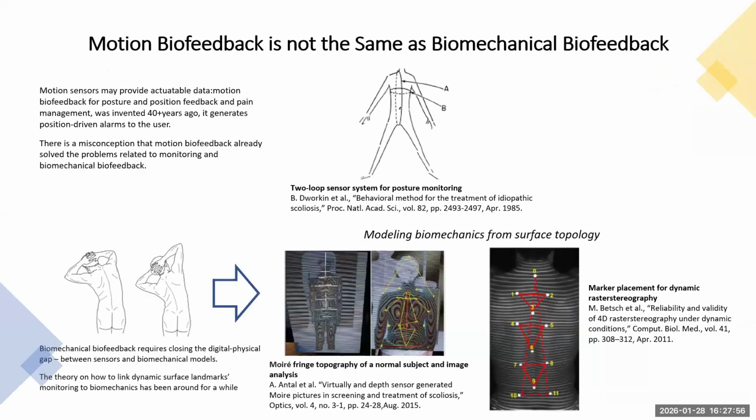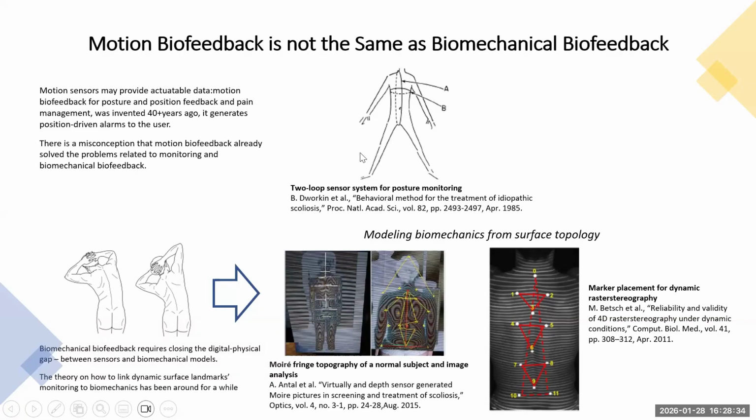So that idea of biomechanical biofeedback with sensors is not a new one. 40 years ago, somebody implemented this thing with 2 elastic loops to monitor posture. The loop around the chest compensates for breathing motion, and then the loop in the vertical direction stretches enough that if your posture is straight, as soon as you hunch down, it's going to beep and tell you that you need to correct.